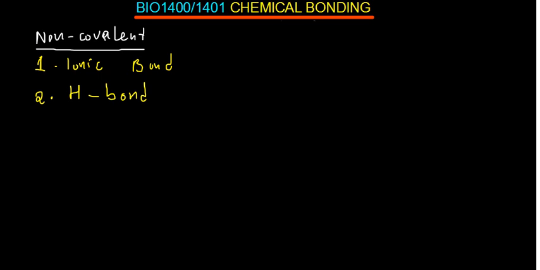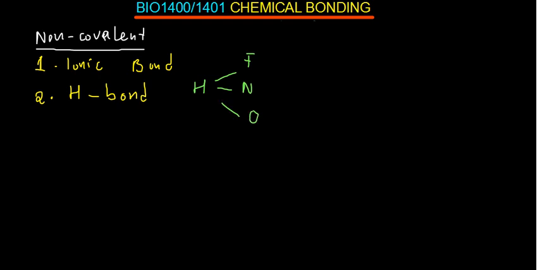Okay. So the next type of non-covalent bond is a hydrogen bond. This is what we need to also talk about. Now, a hydrogen bond is necessarily not a bond, but just an attraction. So, for example, you are going to have hydrogen in one molecule attracting either fluorine, nitrogen, or oxygen.